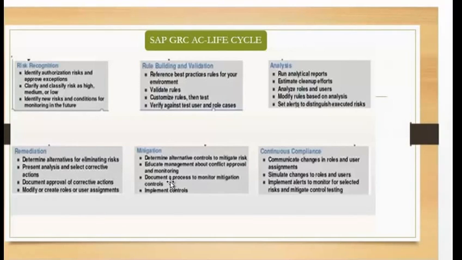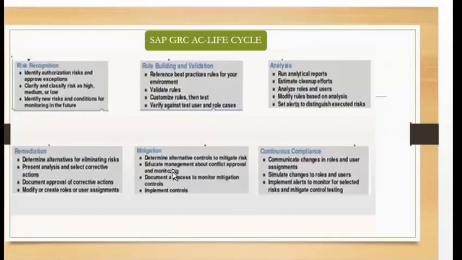After remediation comes mitigation. In mitigation, we have to determine alternative controls to mitigate a risk which cannot be remediated because of business restrictions, because of manpower crunch, or because of any reason which is documented and approved by auditors. We have to go ahead and mitigate the risk.